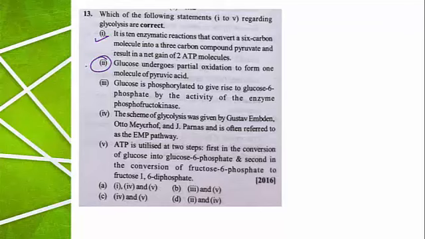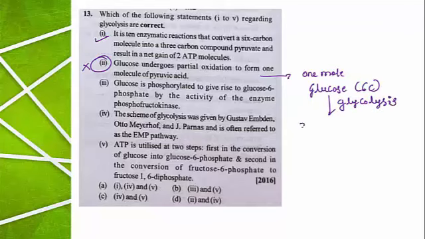But the second statement is wrong, because when one molecule of glucose is broken down during glycolysis, there occurs the formation of 2 molecules of pyruvate, and this is a 3-carbon compound. But here the given word is 1 molecule of pyruvate. This statement is wrong about glycolysis.